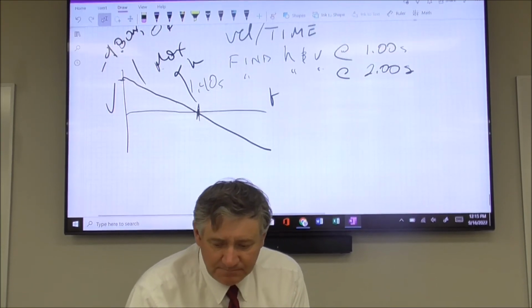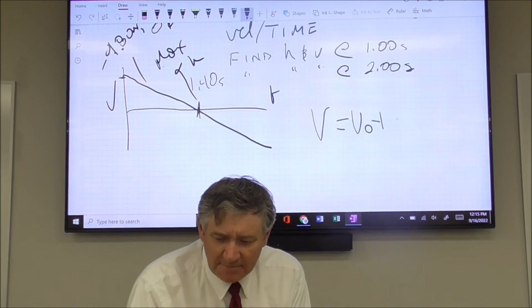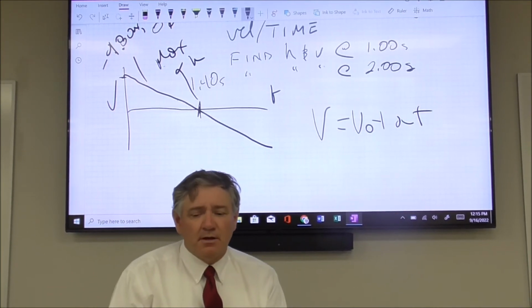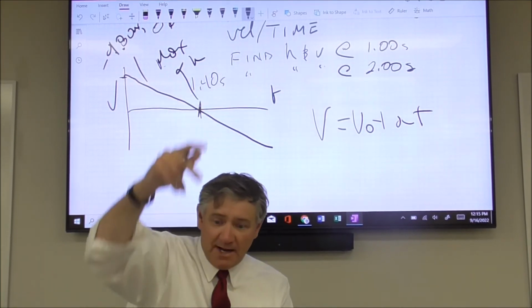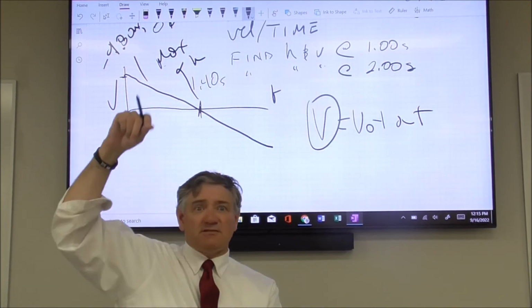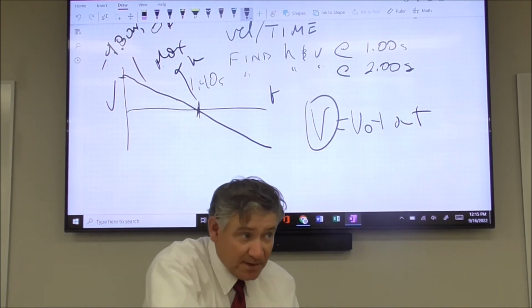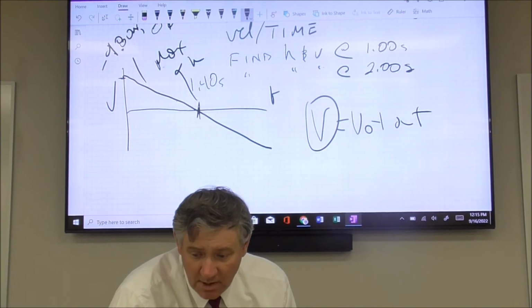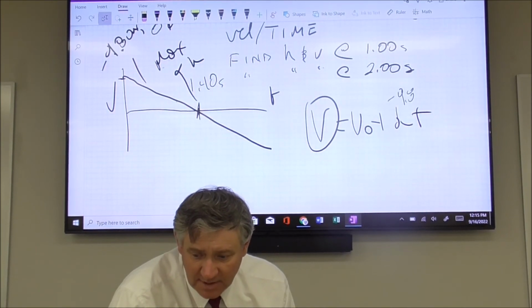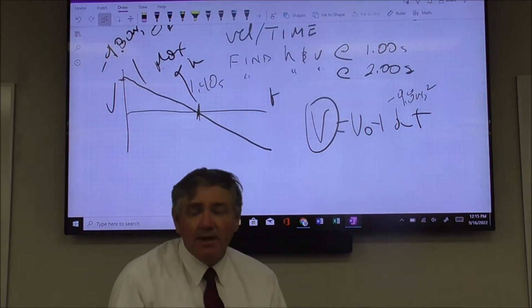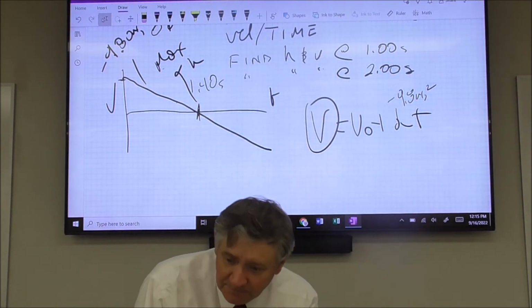So here's the deal. You can go V equals V naught plus AT. At its maximum height, you know the final velocity is going to be 0. You're going to know the acceleration's negative 9.8 meters per second squared. Now, here's the million-dollar question.